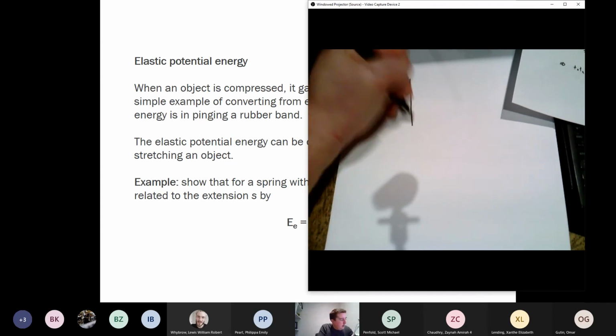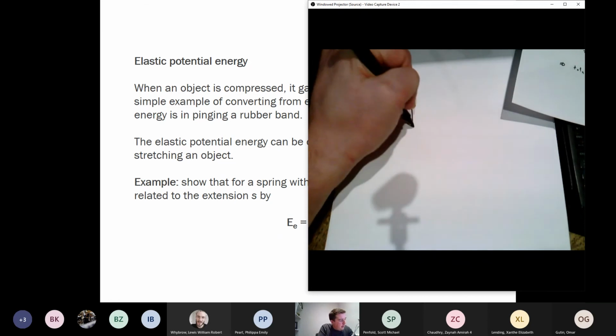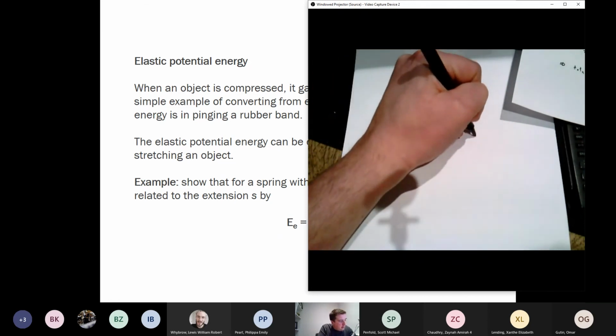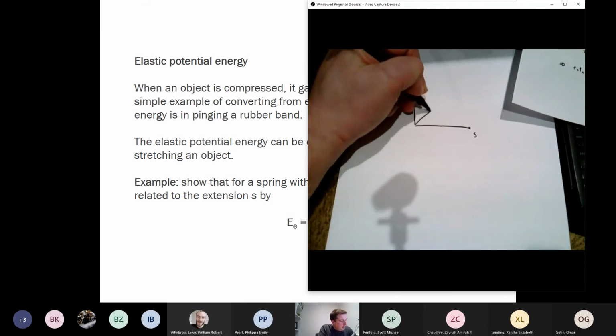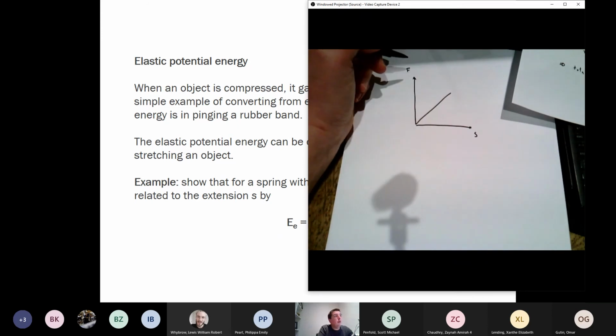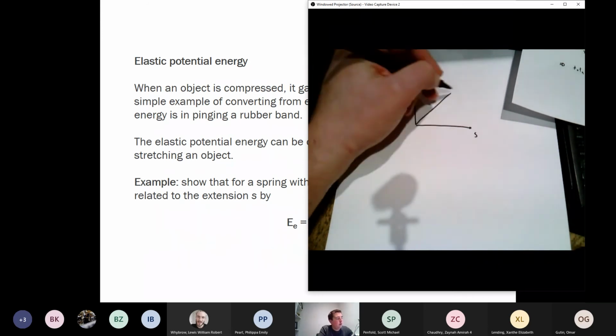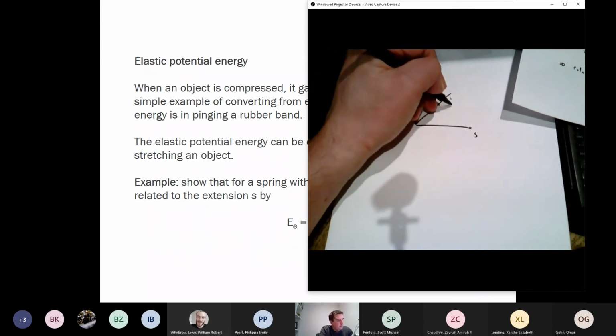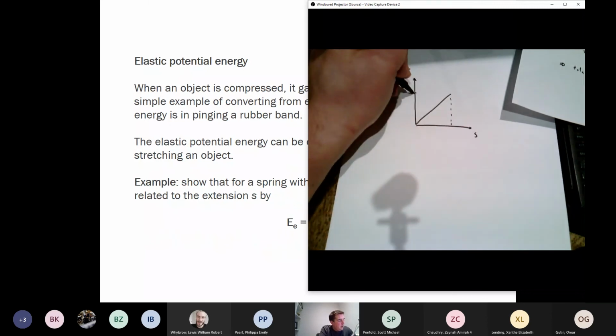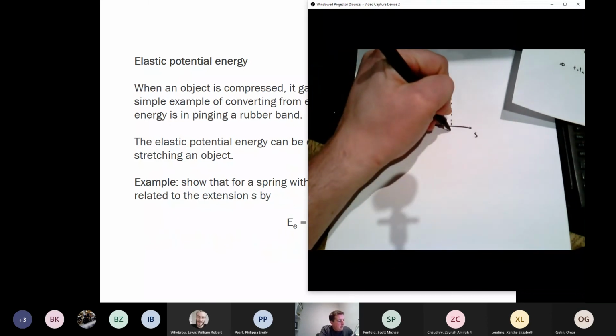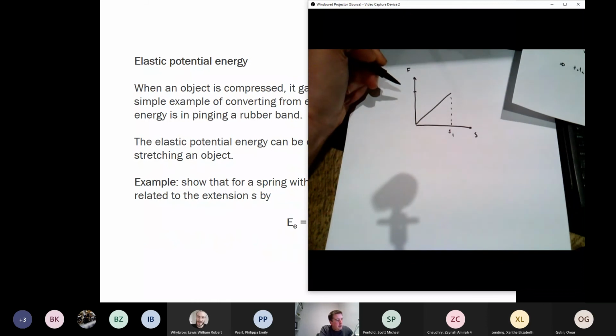If I have a graph which is force against distance, and we know that when you push on a spring, you get a straight line graph, the force increases with distance, then let's say that distance traveled is S1.